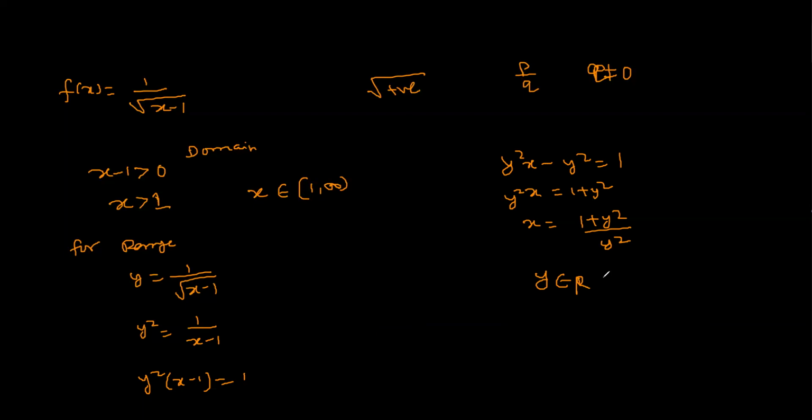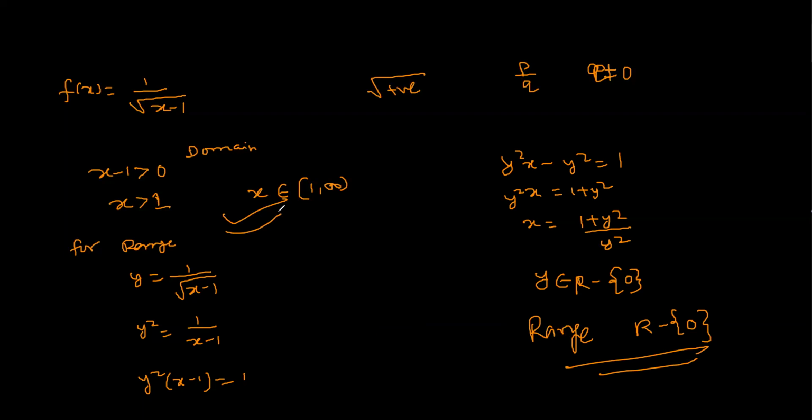But the denominator can never be 0, so you cannot put 0. So range will be any real number other than 0, and domain will be any real number greater than 1. Clear?